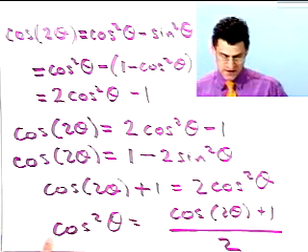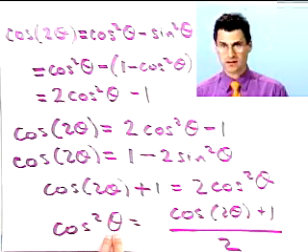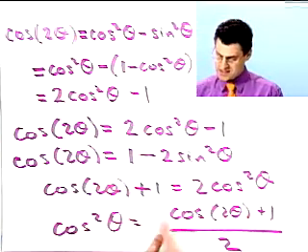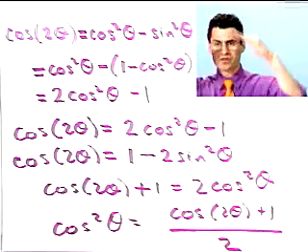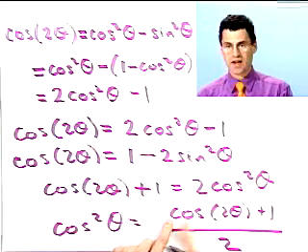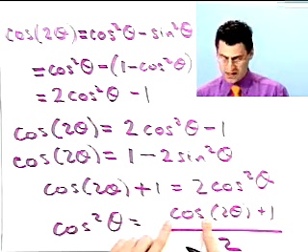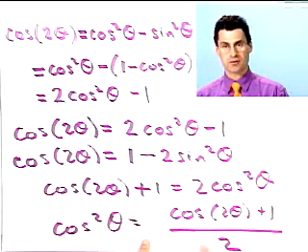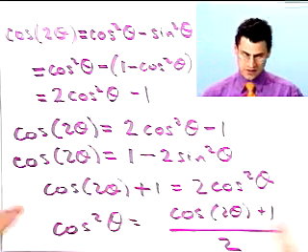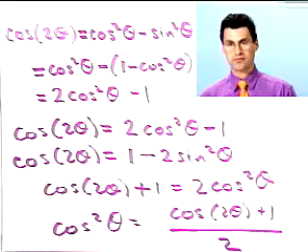So if I have a cosine squared theta, that actually equals this thing in terms of cosine 2 theta. If my goal was to reduce the power on cosine, I could take cosine squared theta and make it just cosine, and the price I have to pay is I change the theta to a 2 theta using this formula. So this is called a reducing powers type of formula.